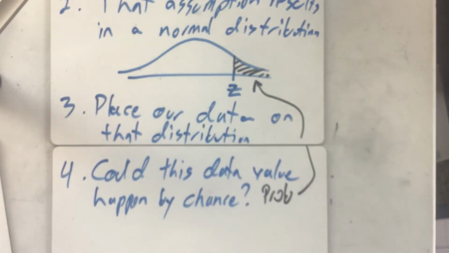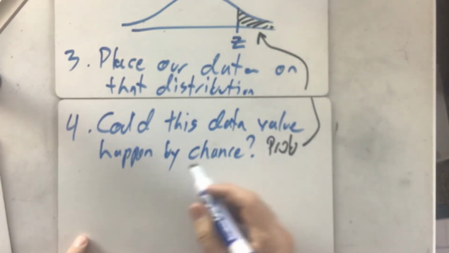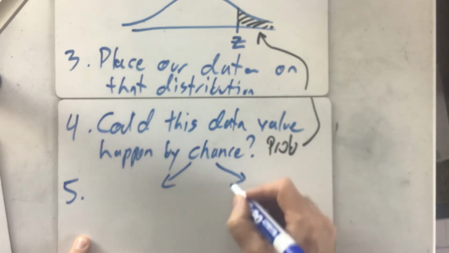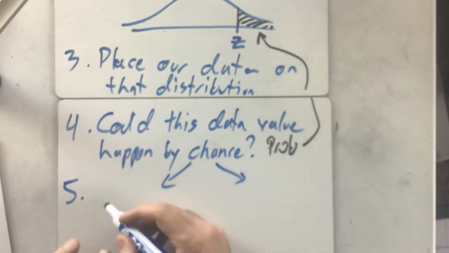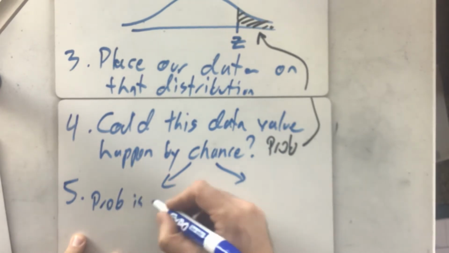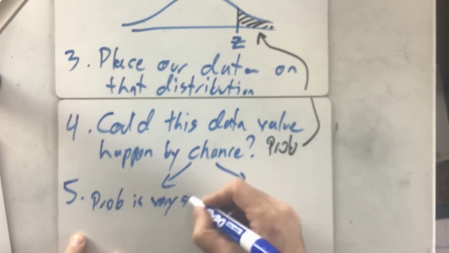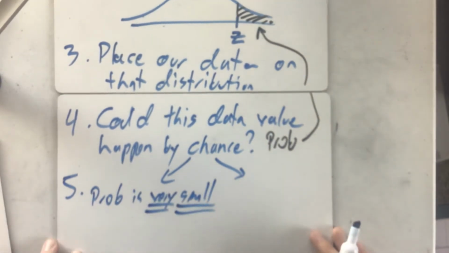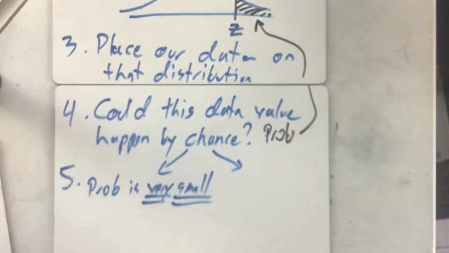So at this point, once we figure out whether our data value could have happened by chance, we now have two possibilities. Either our probability is very small, and if our probability is very small, then what we do is we say, no, it couldn't have happened by chance.